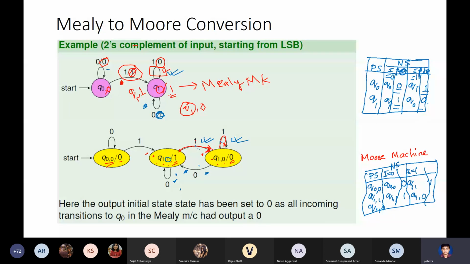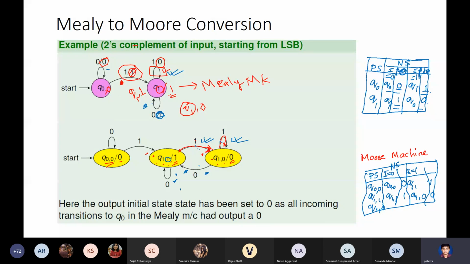No, sorry, I think I have stated it wrongly. These outputs will not be the same if you are in the same state. If we look at the next state to be Q0, wherever there is Q0, the output should be the same. It's not that in a row all the columns have to be the same. Whenever the next state is Q naught, your output should be the same.